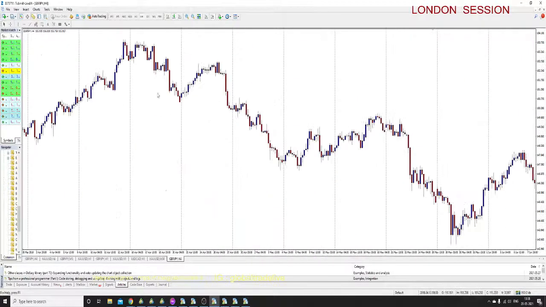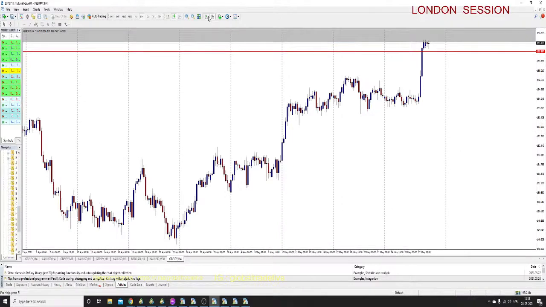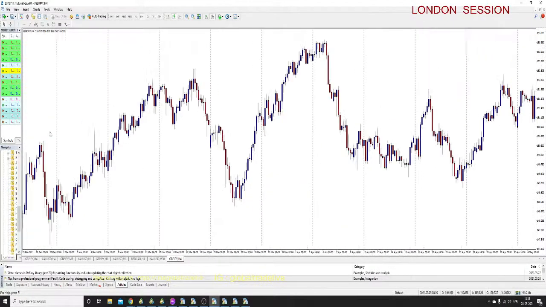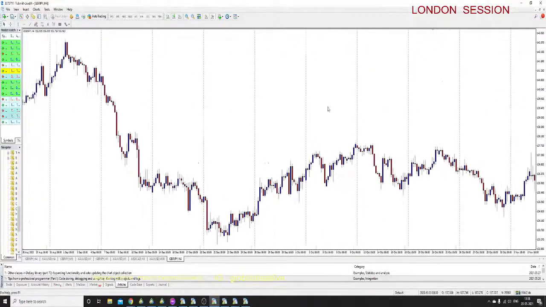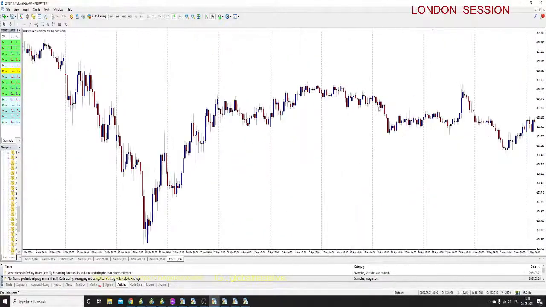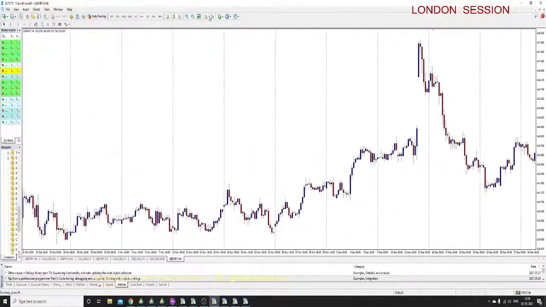Okay, so let's go to the 4-hour and see how we can trade today. We really need to go all the way to the left.